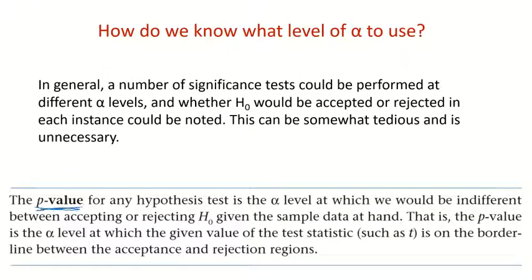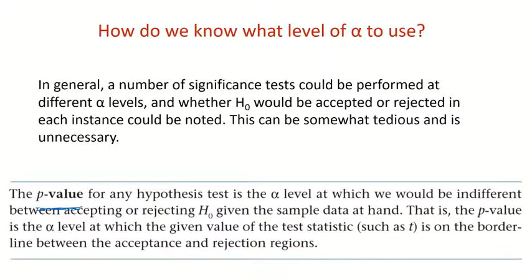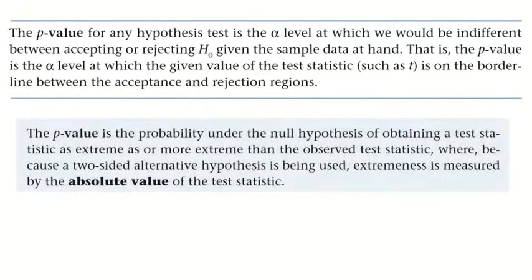So, when defining the p-value, I think this is the best definition. It is the probability under the null hypothesis of obtaining a test statistic as extreme or more extreme than what you got in your test statistic. And that's your p-value.